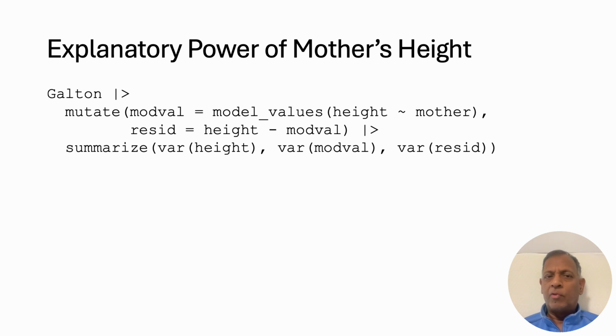This time we use the model height as y equals f of x, with height as the response variable and mother's height as the explanatory variable. That will be the model value, determined based on the line. It will plot the line, and for any given value of a mother's height, we can plug that in and get the child's height. Residual, of course, is the actual value minus the model value. And then again, we calculate the variances of the three.